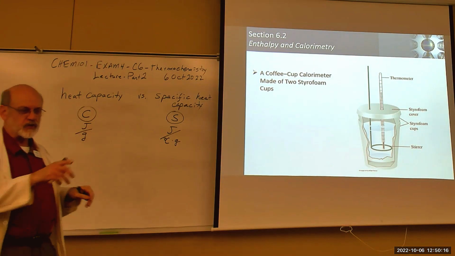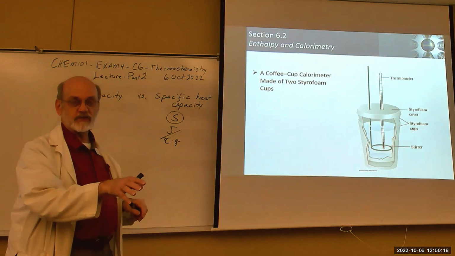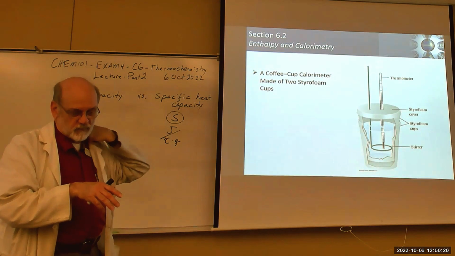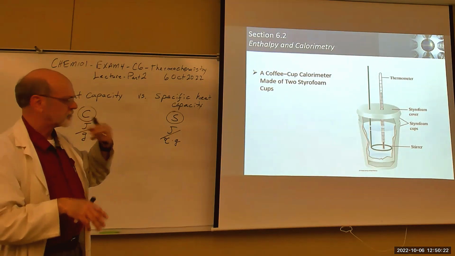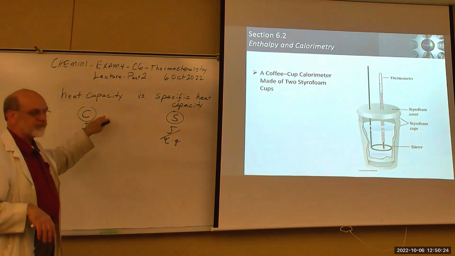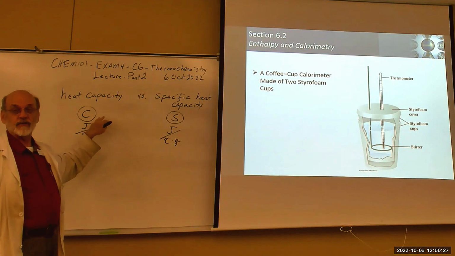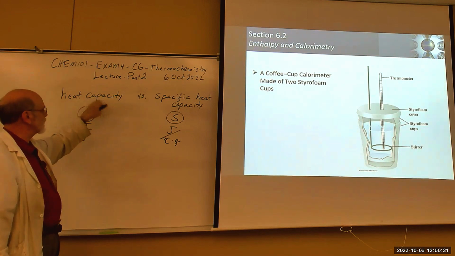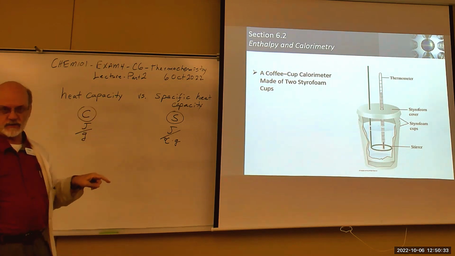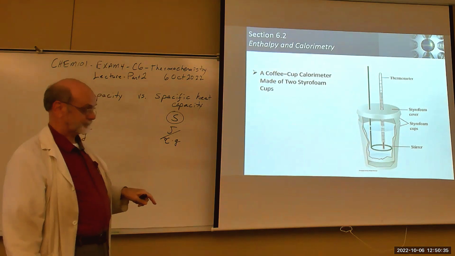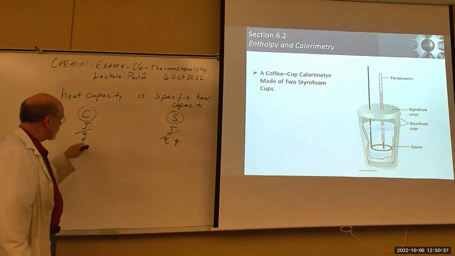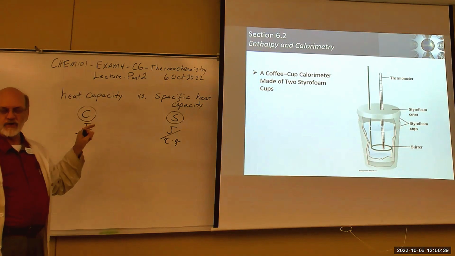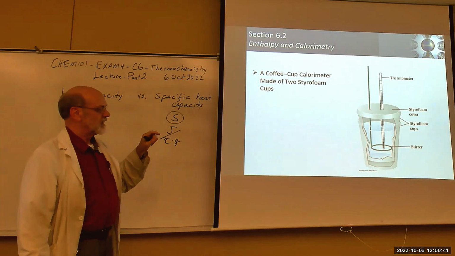And that's why the first 2 pages of the procedure, after the pre-lab questions, is a procedure on how to find the calorimeter constant, which is the name we're giving it, but it's the heat capacity of the calorimeter. We need to know that, and I'm going to show you.